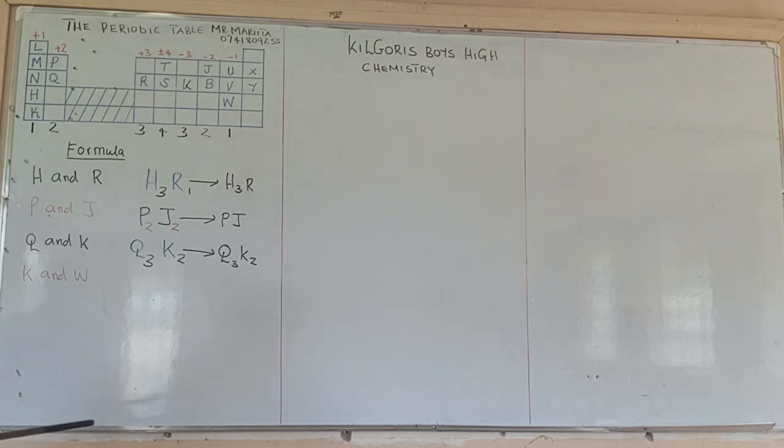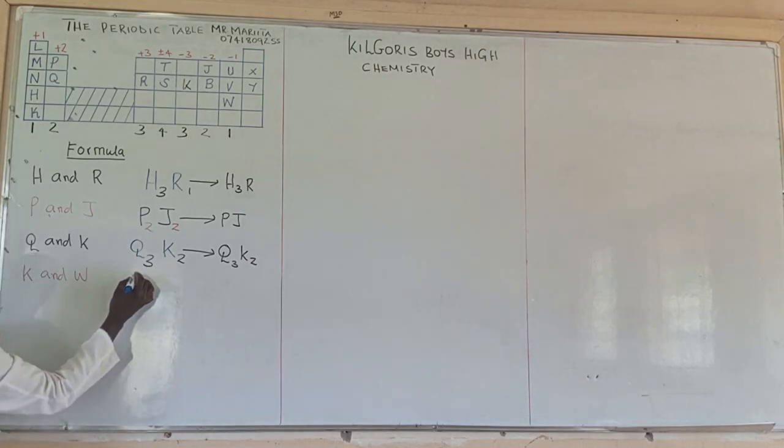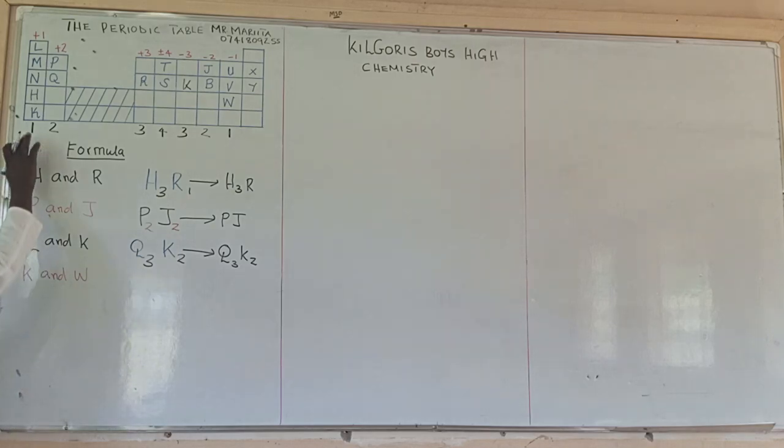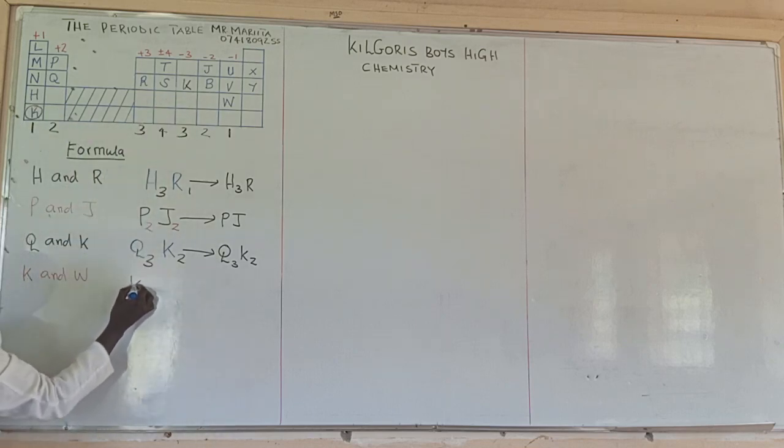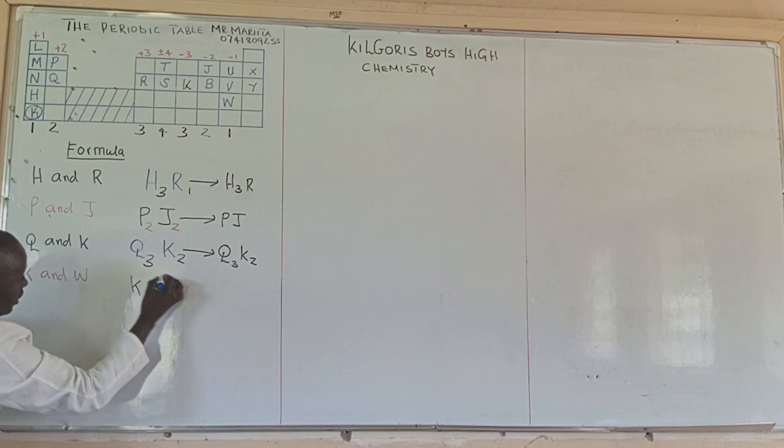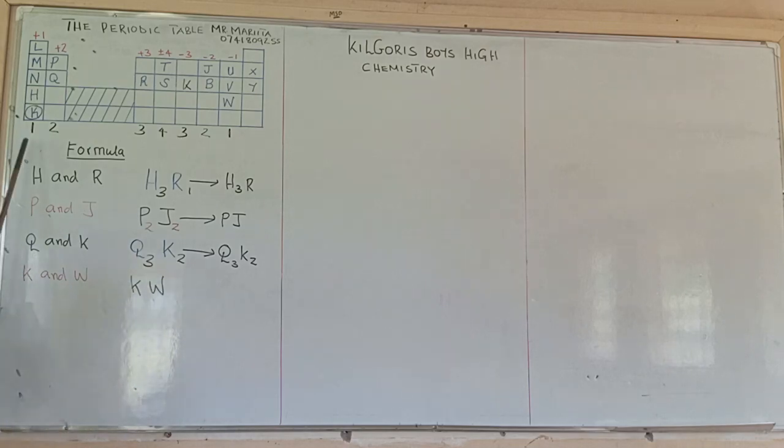So you just come and write your number. I'm referring to this element K here, not this one. So you write this is K, and then you will have W. K has number 1, so you can write number 1 here.